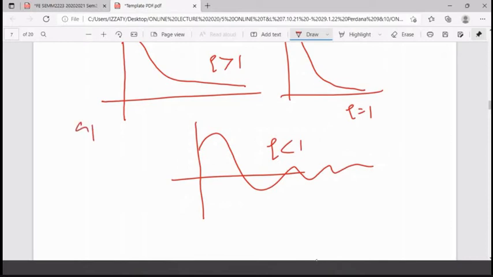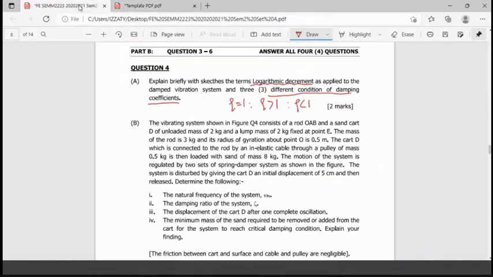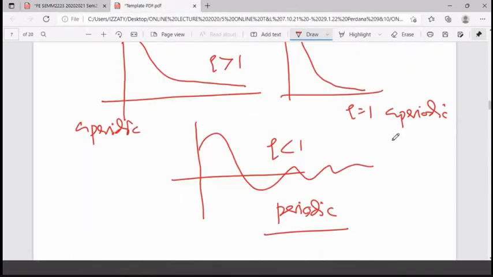This one is aperiodic, this one is also aperiodic, and this one is oscillatory. I don't explain too much because it only carries 2 marks. Manage your own time, don't spend so much time on explaining things. Just put it here: no motion, oscillatory. Get full marks, inshallah.